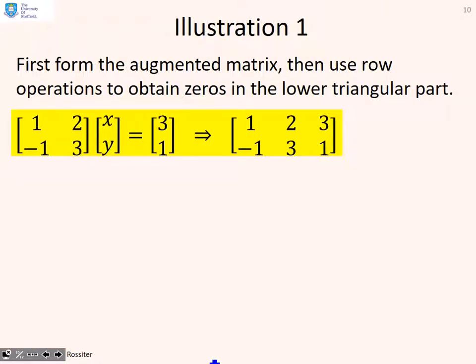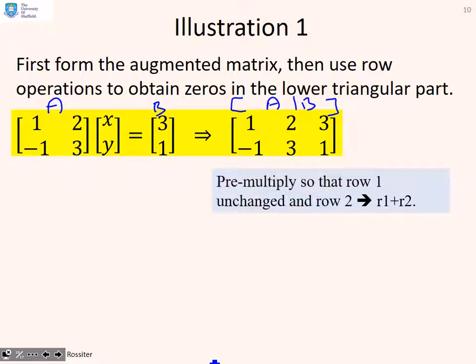So here's an illustration. First thing we do is we take our A and our B and we form our augmented matrix AB. So you'll see I've done that here. Now what I'm going to do is look at a row operation. I'm going to pre-multiply, or do a row operation, so that row 1 is unchanged and row 2 becomes row 1 plus row 2.